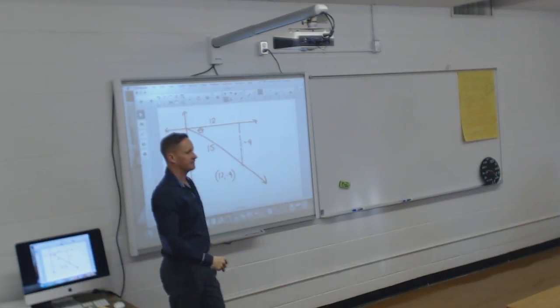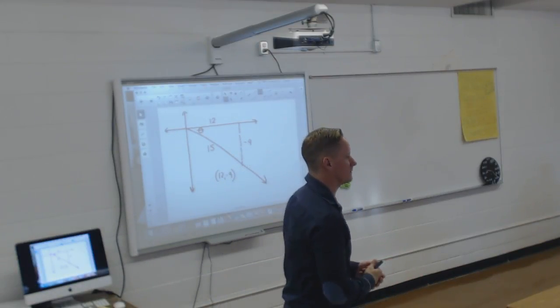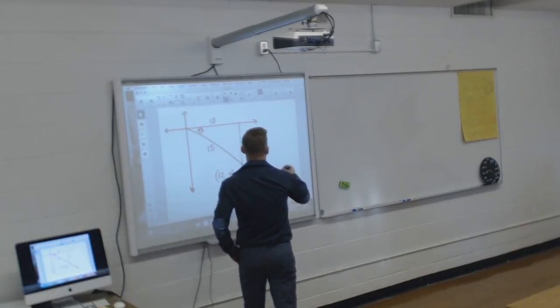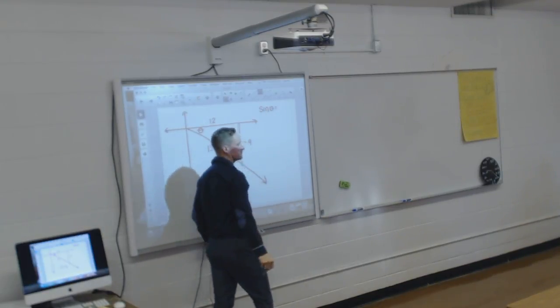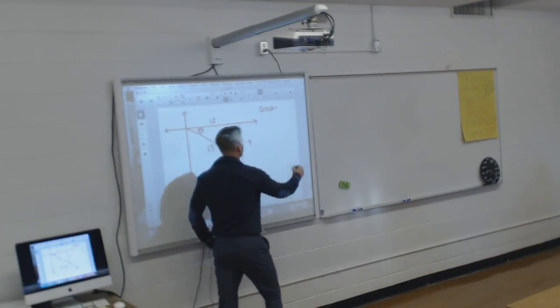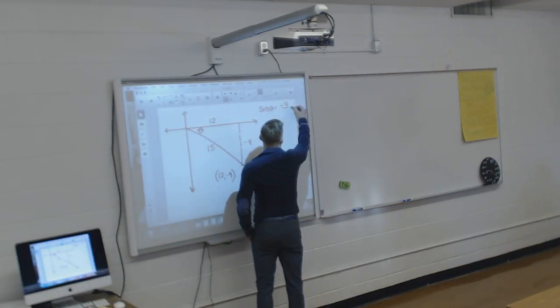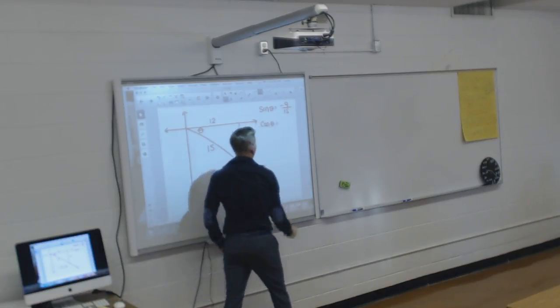We agree? Okay. So now I just have to list out my ratios. So what's the sine of theta equal to? Which is? 9 over 15. No. Negative 9 over 15, that's right. Cos theta?